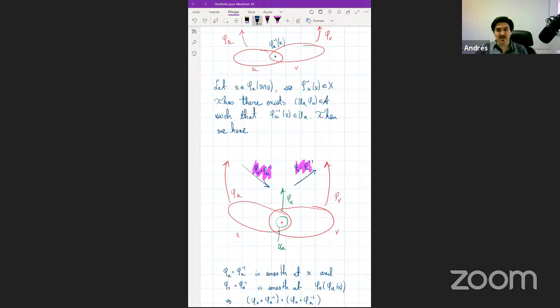The composition of smooth functions is a smooth function. And the composition is exactly the function that I care about.